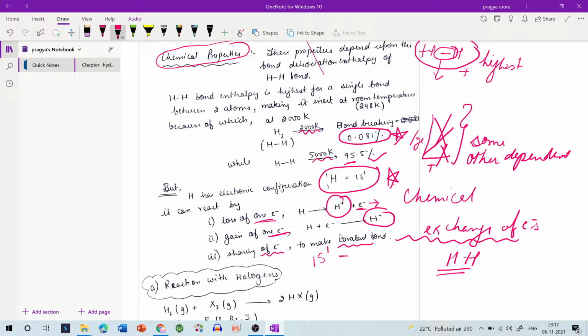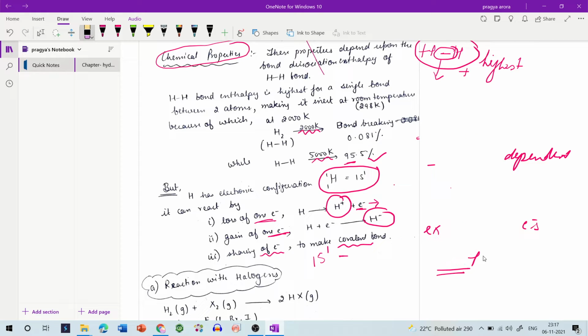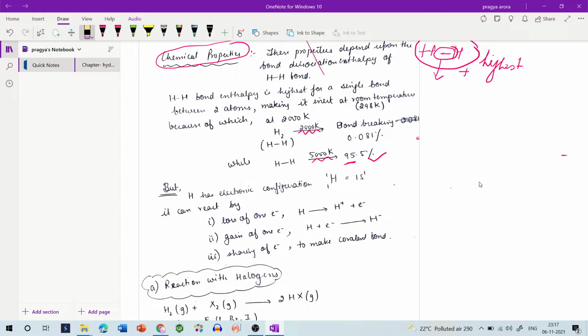So we can say that hydrogen can react in three ways. It can lose one electron to form H positive ion.